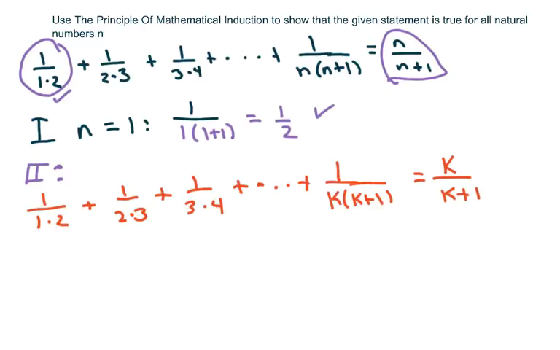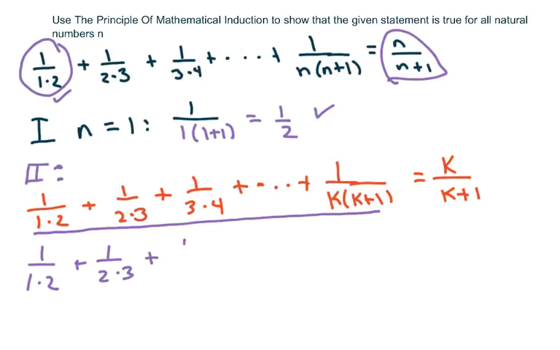And then we're going to check that it works for the next term, which is k plus 1. So basically, I'm going to copy this again: 1 over 3 times 4 plus dot dot dot plus 1 over k times k plus 1.